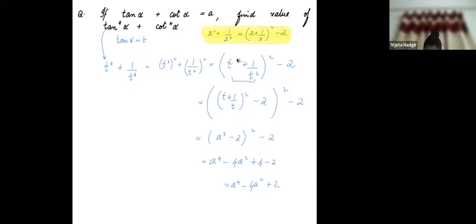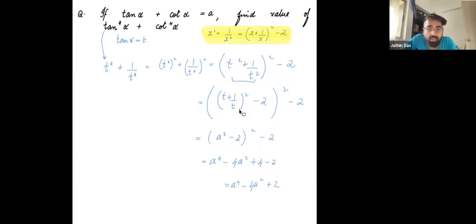The same technique can work if I take sine and cosec. Same, it'll work. It can be any even power, 6 also it can go. Same it will work for cos and sec. I hope you understood now.